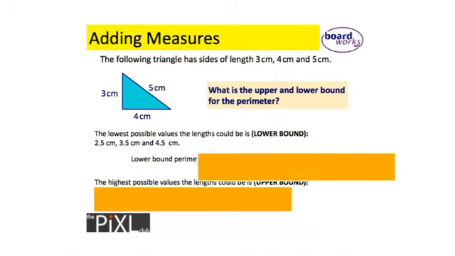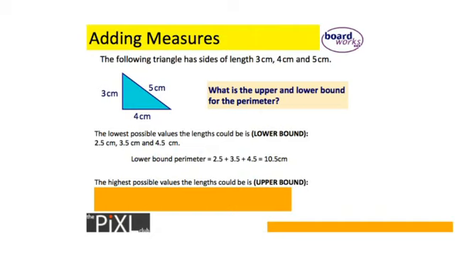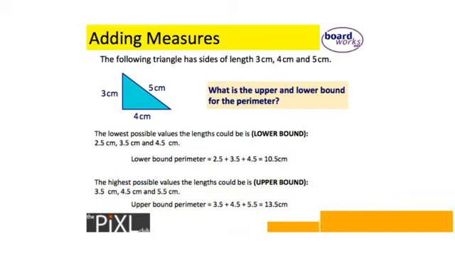We add them up and we find the lower bound for the perimeter, which is 10.5 centimetres. For the highest possible values, instead of 3, we're going to have 3.5, instead of 4, 4.5, and instead of 5, 5.5. If we add up our 3 upper bound lengths for the triangle, we get the upper bound perimeter, which is 13.5 centimetres.